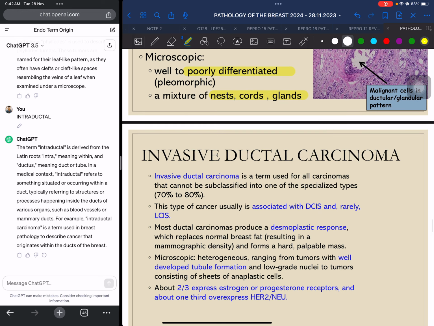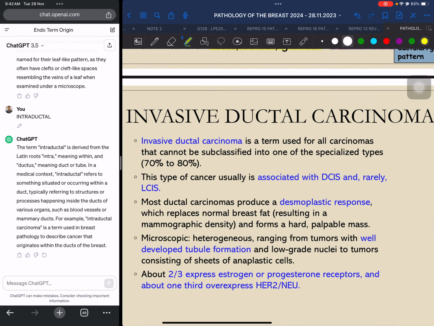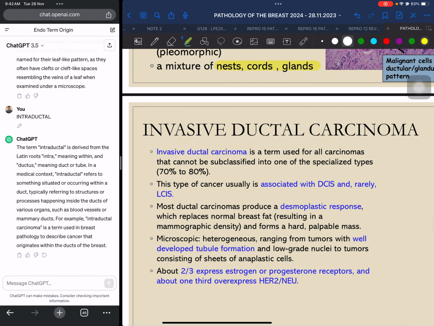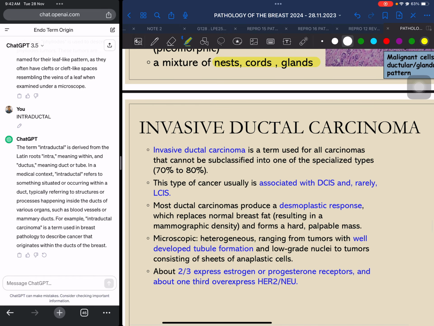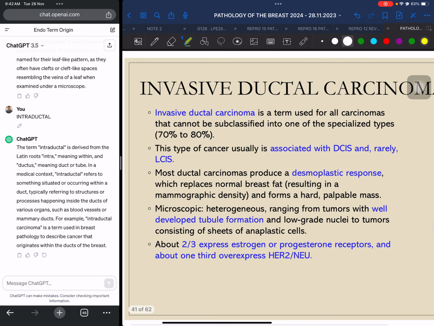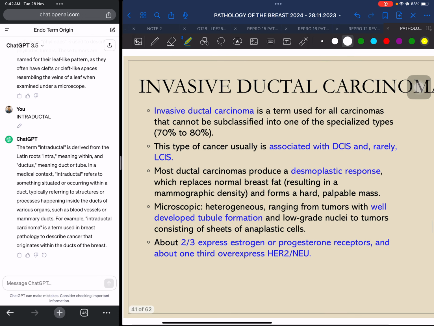We call it invasive ductal carcinoma for all carcinomas that cannot be subclassified into a specialized type, because we have specialized types like the mucinous and the tubular. For those that cannot be classified, we put them all together in invasive ductal carcinoma, usually associated with DCIS and LCIS.